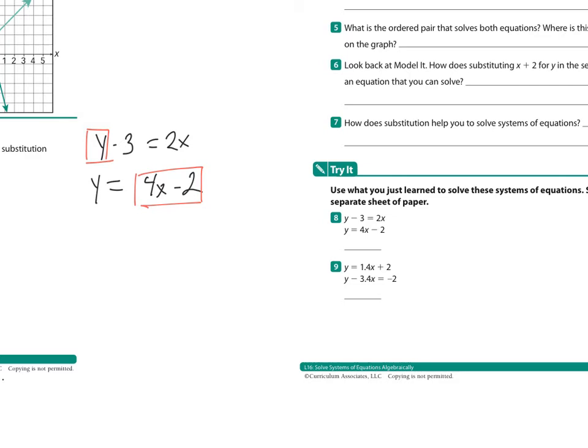So this is going to look like 4x minus 2. And then the rest of this stays exactly the same, right? Minus 3 equals 2x. I need to solve this equation now. First thing first, let's go ahead and combine these terms here.